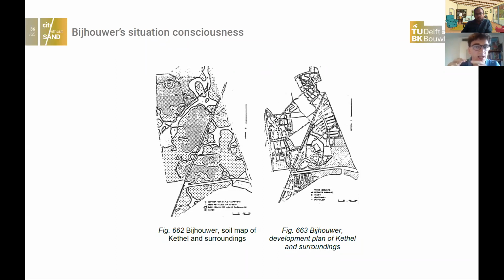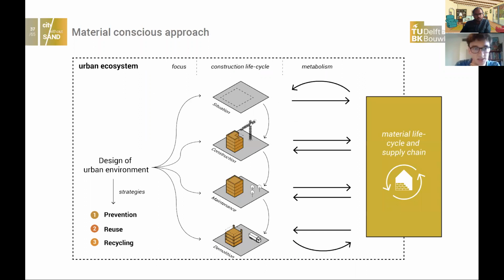To have this conscious idea also in our urban design approach, I made it a material conscious approach. So when we need to design for an urban environment, we look over the entire life cycle at when material inflows and outflows happen and how we can alter that.